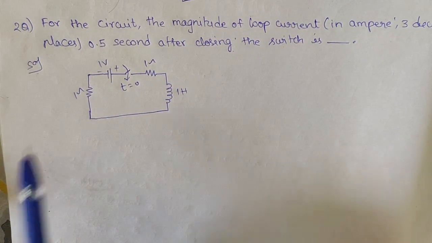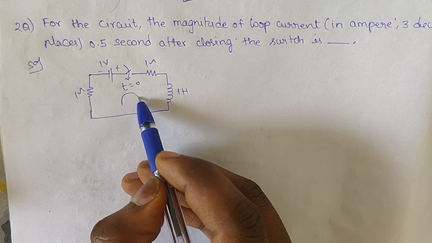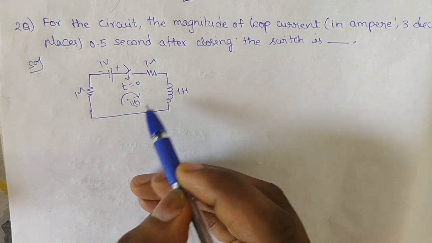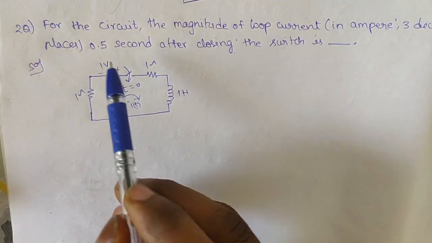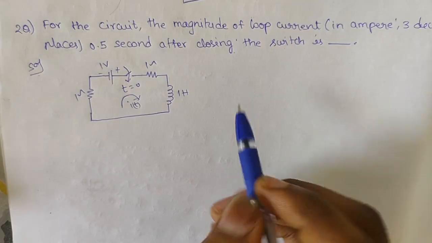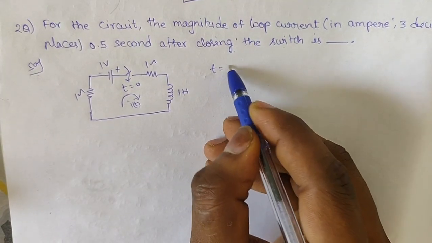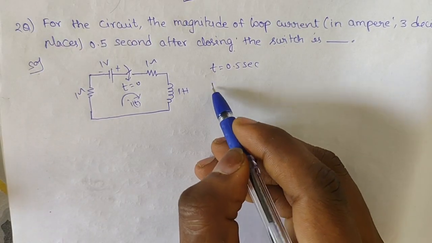This is a direct question. For the circuit, they are asking what is the magnitude of the loop current in amperes, to 3 decimal places, at 0.5 second after closing the switch.